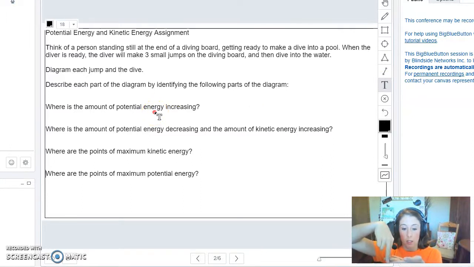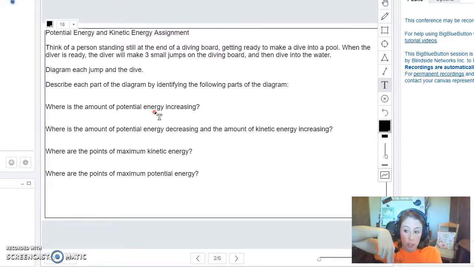With each jump, 1, 2, 3, we are increasing our potential for kinetic energy. As we are coming down in our jump, our kinetic energy is increasing.